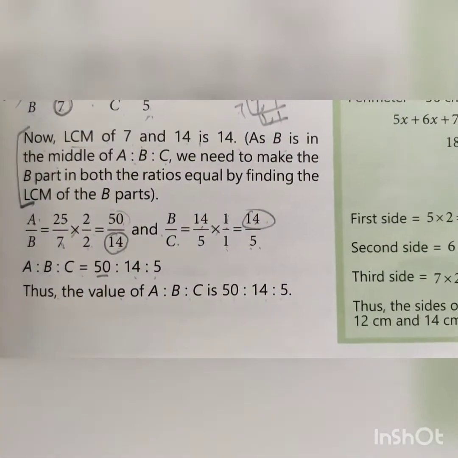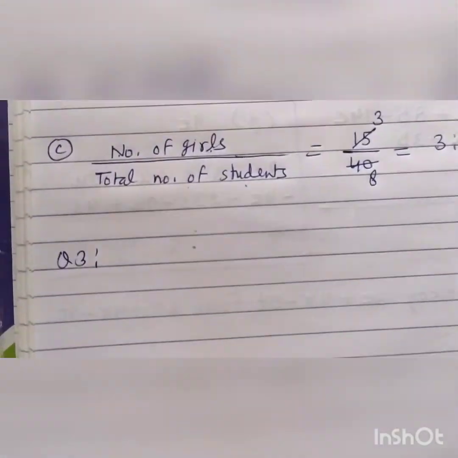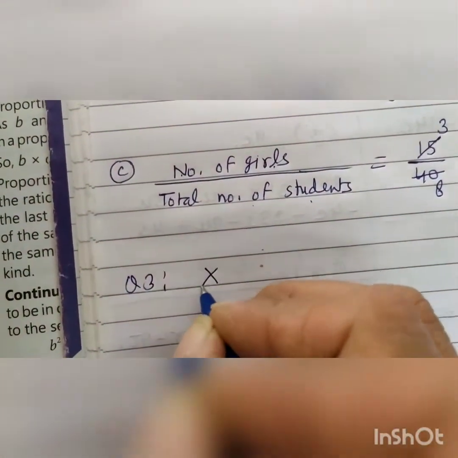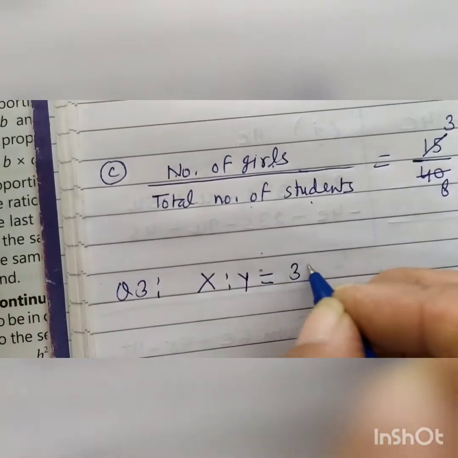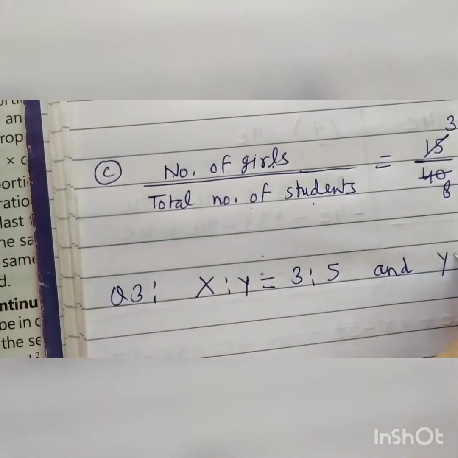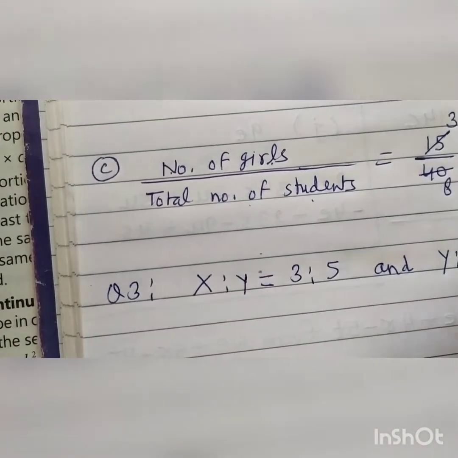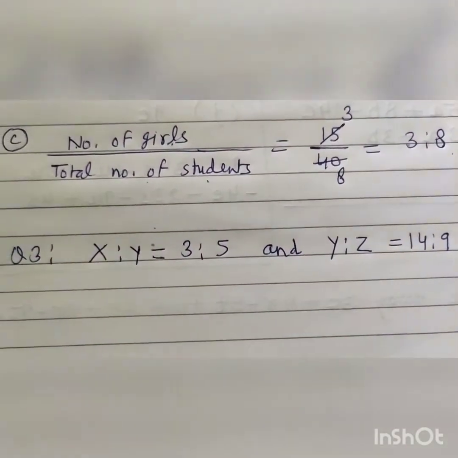Now we will apply the same method to solve question number 3. In question number 3, it is given that x ratio y is 3:5 and y ratio z is 14:9.